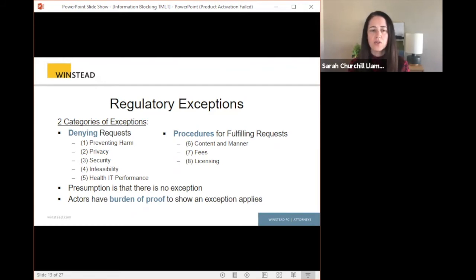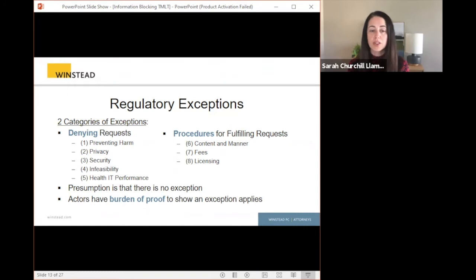But I think you're definitely going to see a lot of the preventing harm. It's going to be an exception that gets used, especially if you're treating minors. And then privacy and even potentially maybe infeasibility.